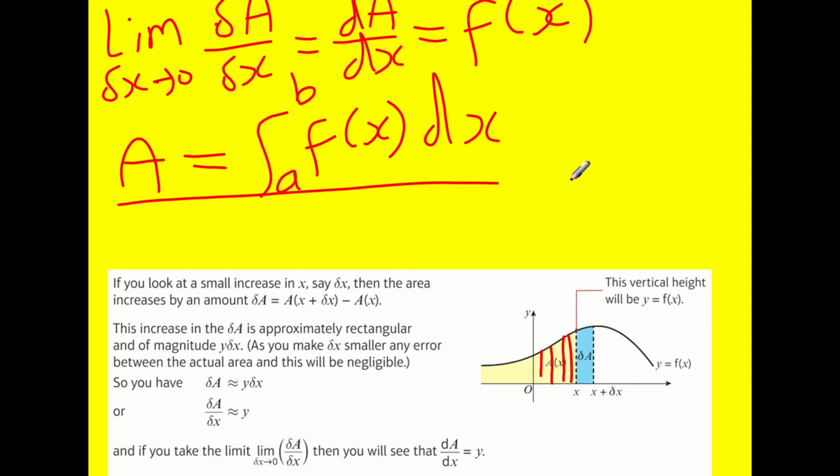Each rectangle would be f of x multiplied by this little dx. I'm imagining these rectangles are infinitesimally thin. Now, all these f of x are going to be different as I go along. So I might say that each individual one is x_i.